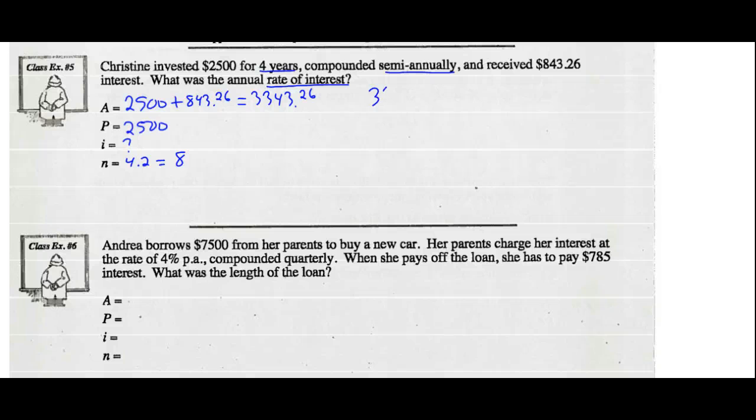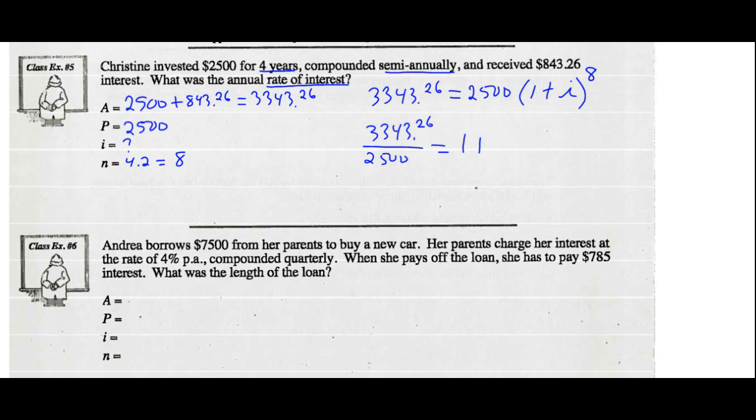All right, so let's substitute into our formula. Our final amount is $3,343.26. That equals our principal, $2,500, times 1 plus I to the exponent n. Well, we know n is 8. So let's solve for I. Divide both sides by 2,500. 3,343.26 divided by 2,500 will give us 1 plus I to the exponent 8.